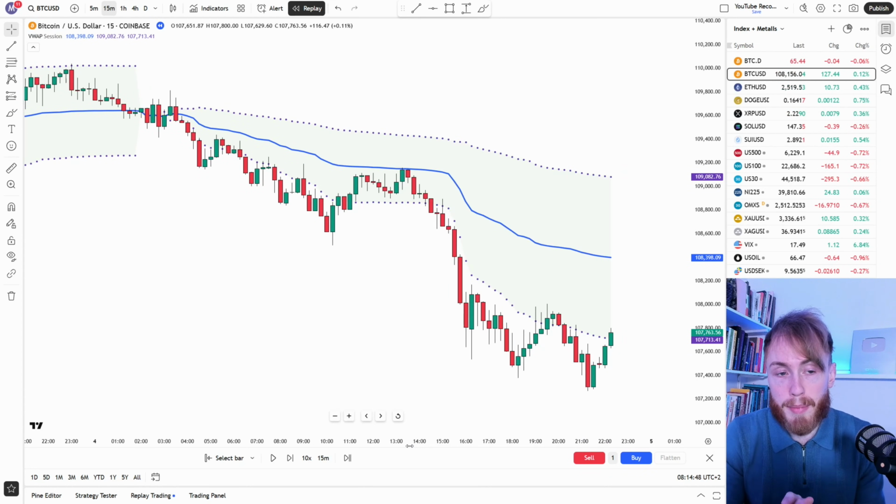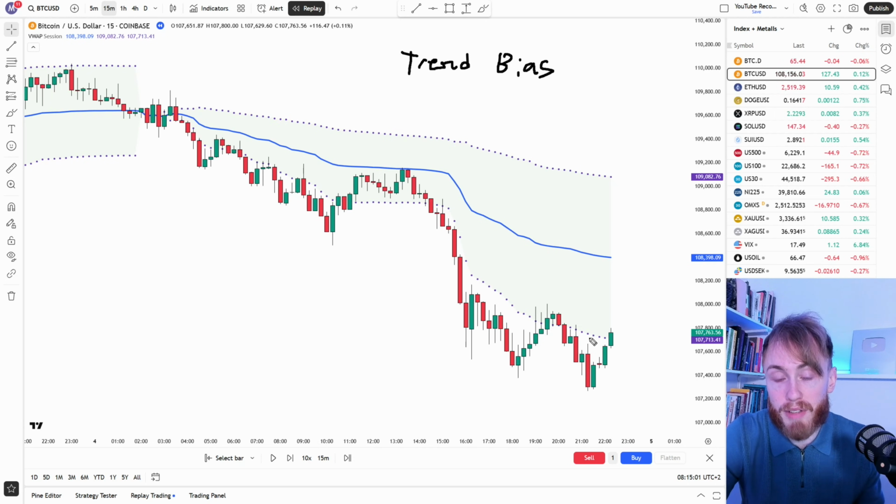And remember from earlier in the video, we are looking at two trading strategies. First of all, we're looking at trend bias. So if the price is below the VWAP, we're looking for short trades. And if the price is above the VWAP, we're looking for long trades. Here, you can see that right here was when the day started for Bitcoin.